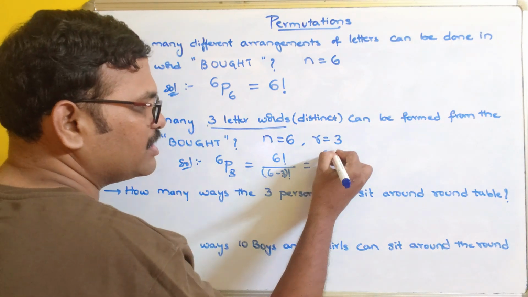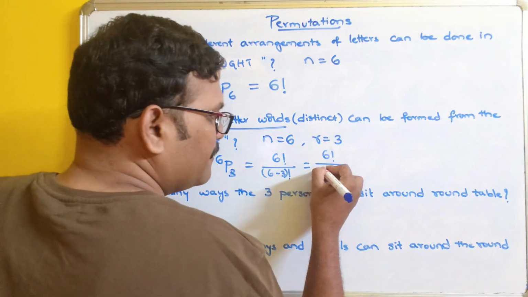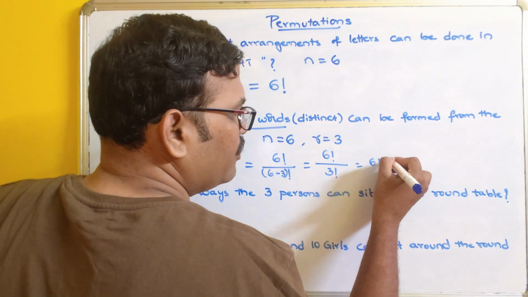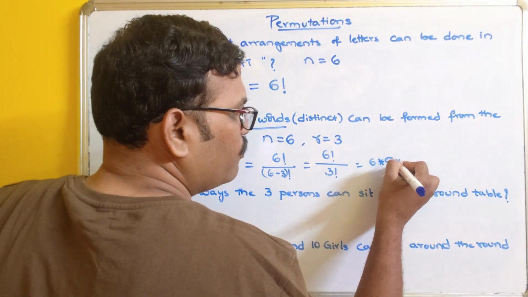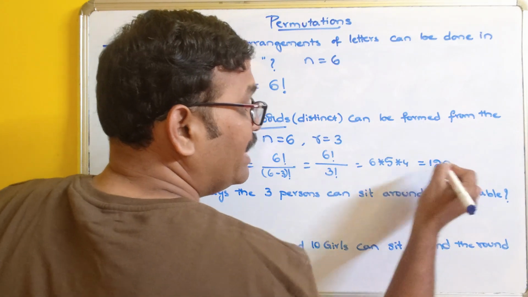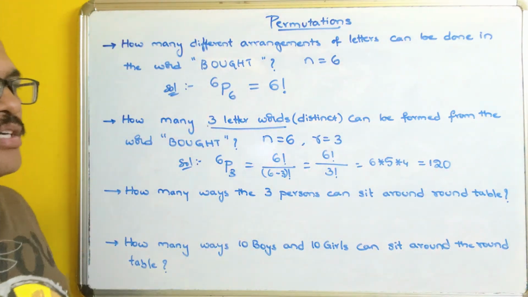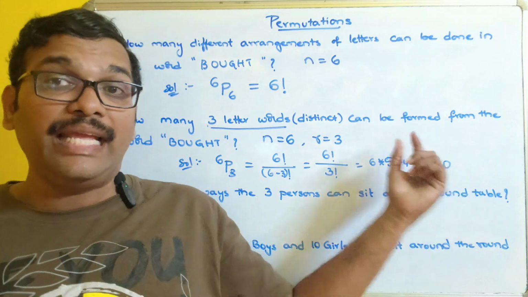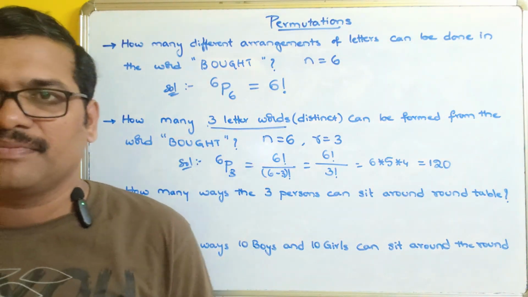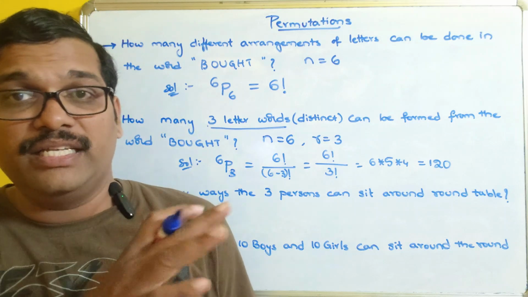So 6 factorial by 3 factorial, which is nothing but 6 into 5 into 4, which is 120 arrangements. So we can make 120 three-letter words from these 6 letters. All are unique, all are distinct.